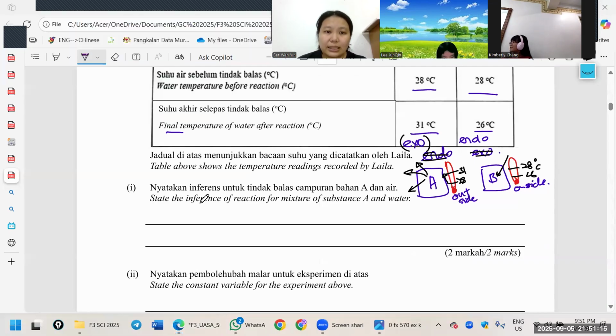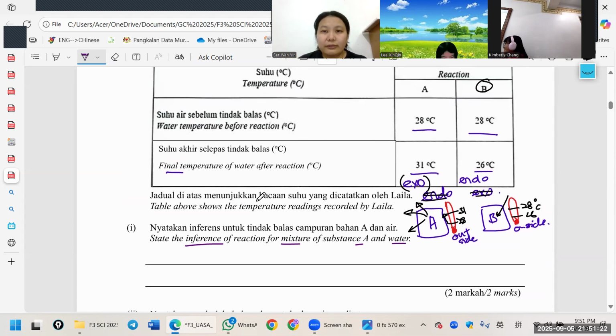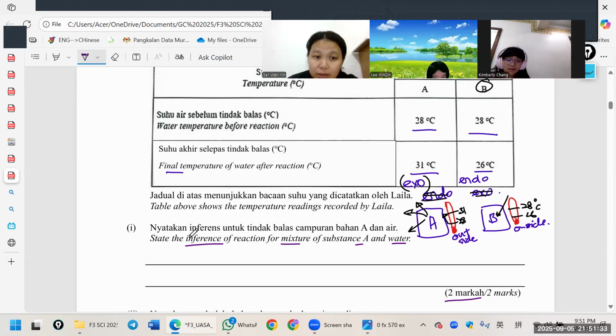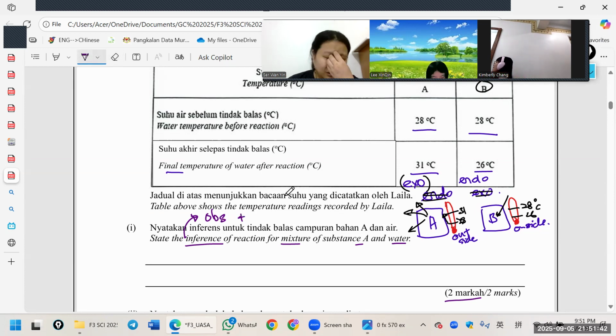Now, state the inference of the reaction for the mixture A and water. What is the meaning of inference? Two marks. Inference for two marks is normally like this: you write your observation plus your reason.